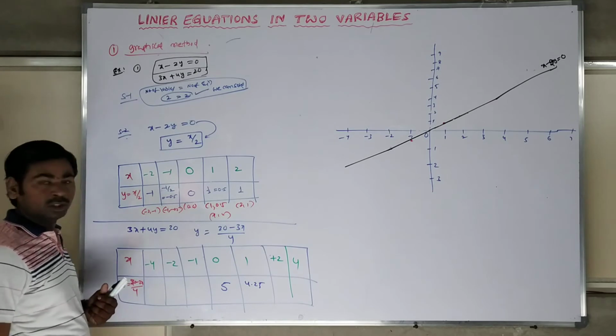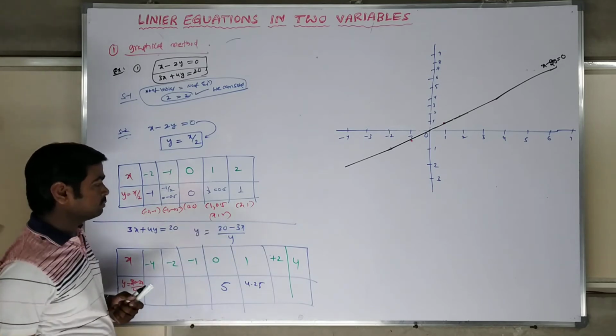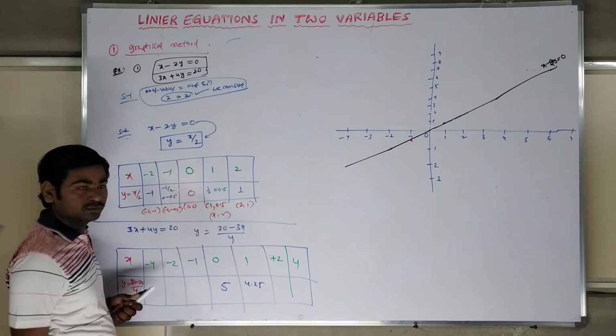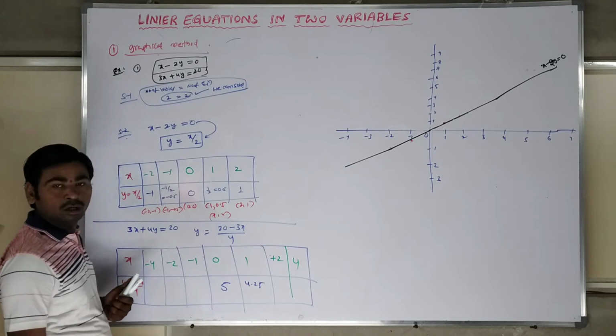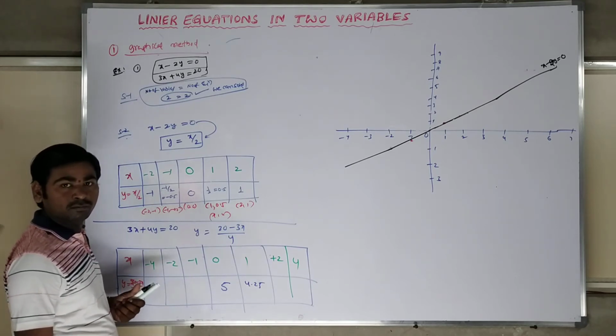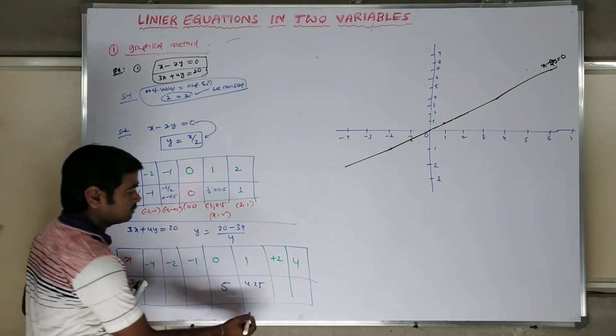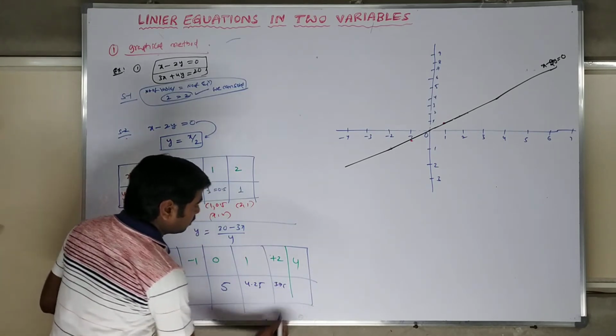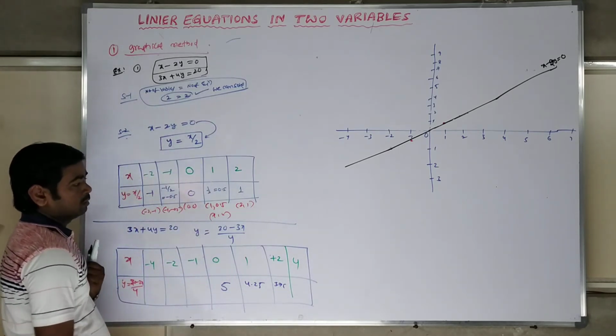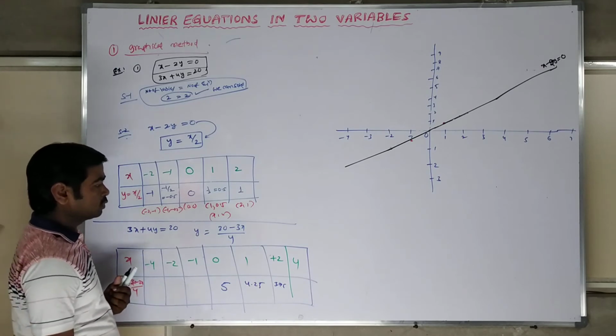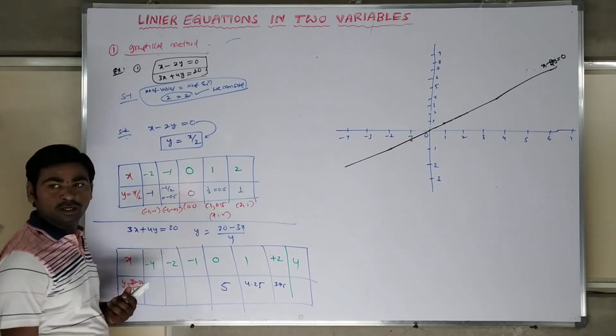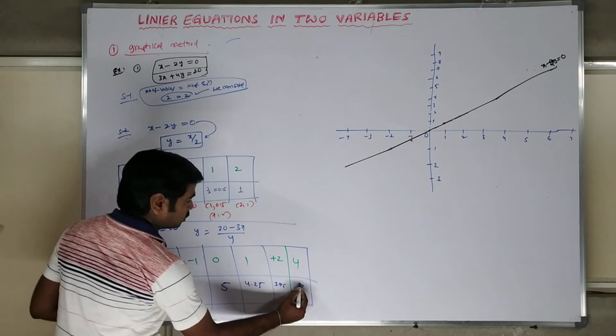Now when you substitute 2: 3 times 2 is 6, 20 minus 6 is 14, 14 by 4 is 3.5 or so, 3.75 will come. Next, substituting 4: 3 times 4 is 12, 20 minus 12 is 8, 8 by 4 means the answer is 2.